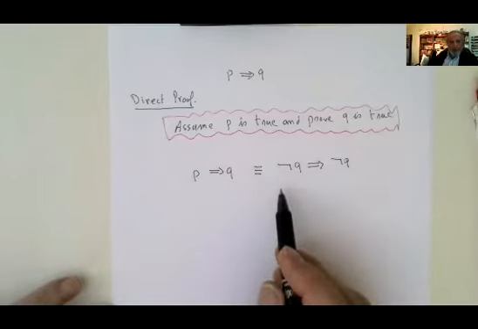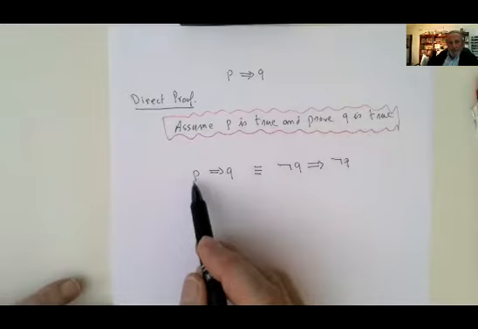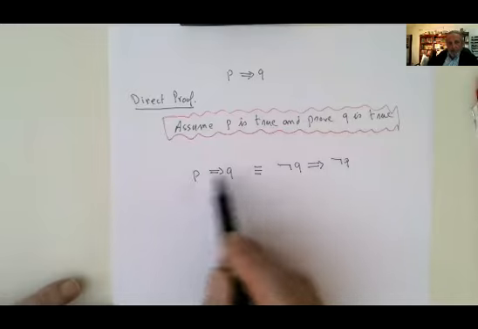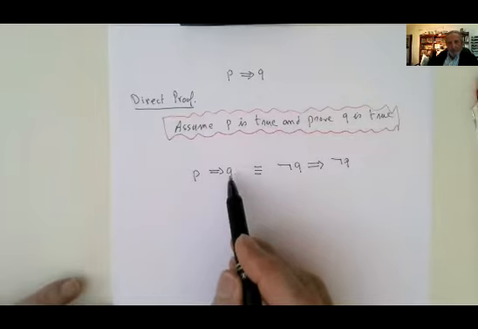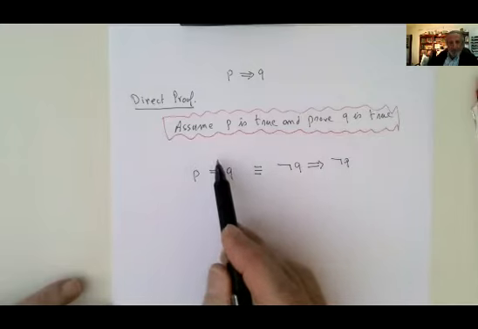Now, for instance, if I say, if I live in Ohio, then I live in the United States. Now, if I live in the United States, it's not necessarily that I am living in Ohio. I can be living anywhere else.